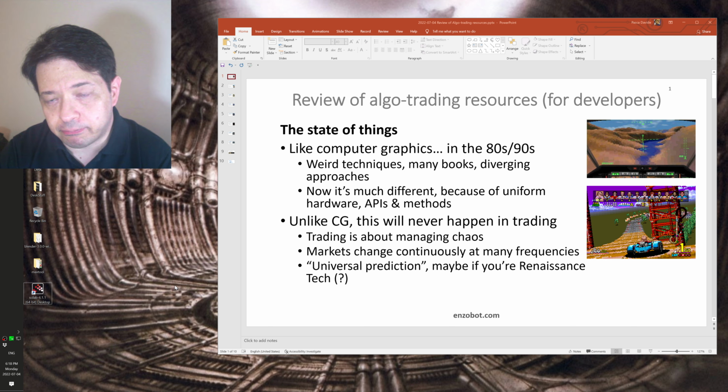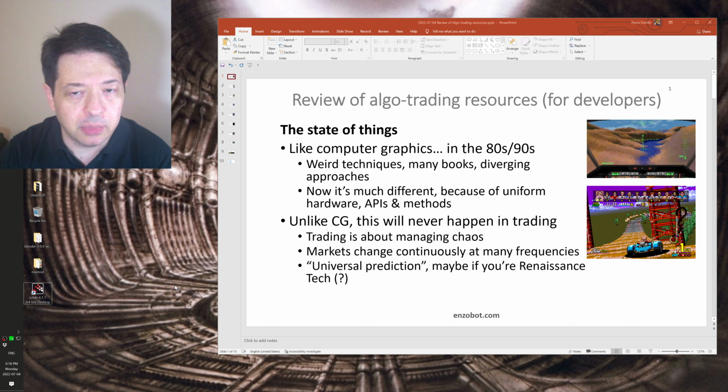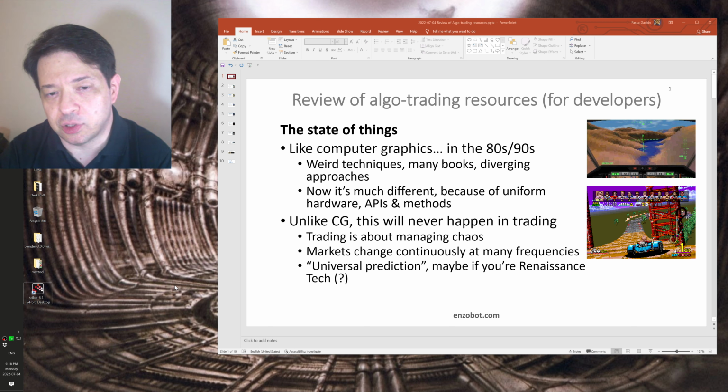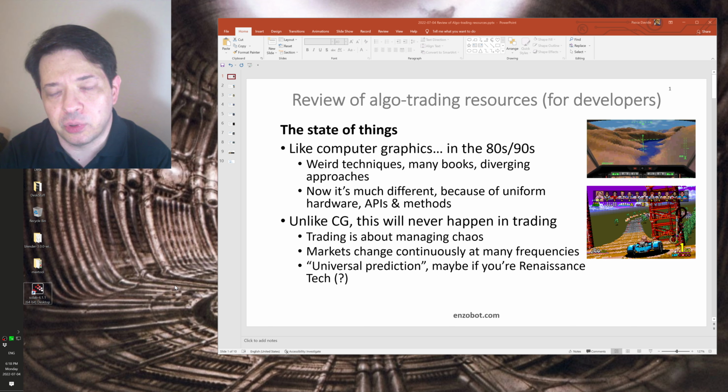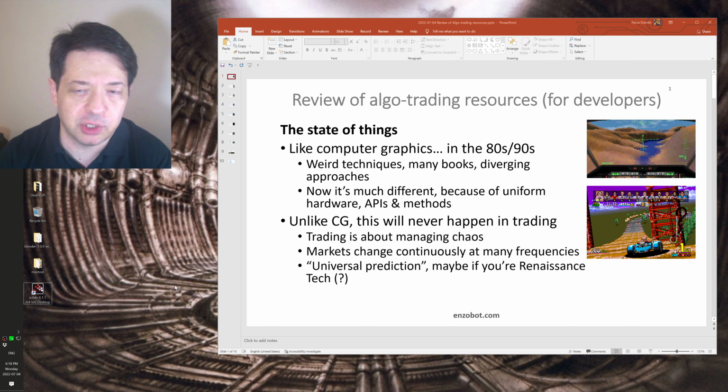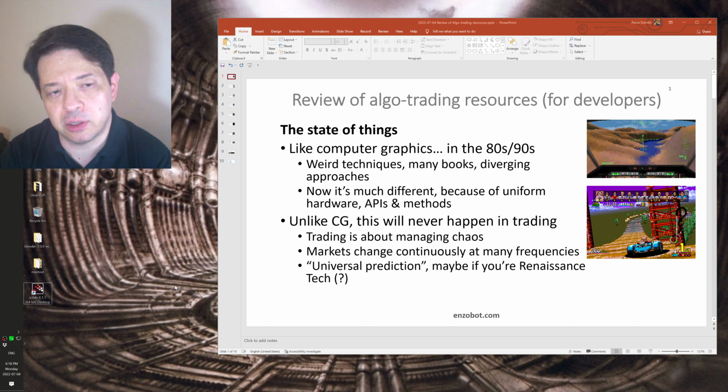You kind of have to find out for yourself. So it's interesting, but it's difficult, and I don't think it's going to get too much better, like computer graphics or other technical issues. There isn't an optimal solution that converges to a specific hardware API set.